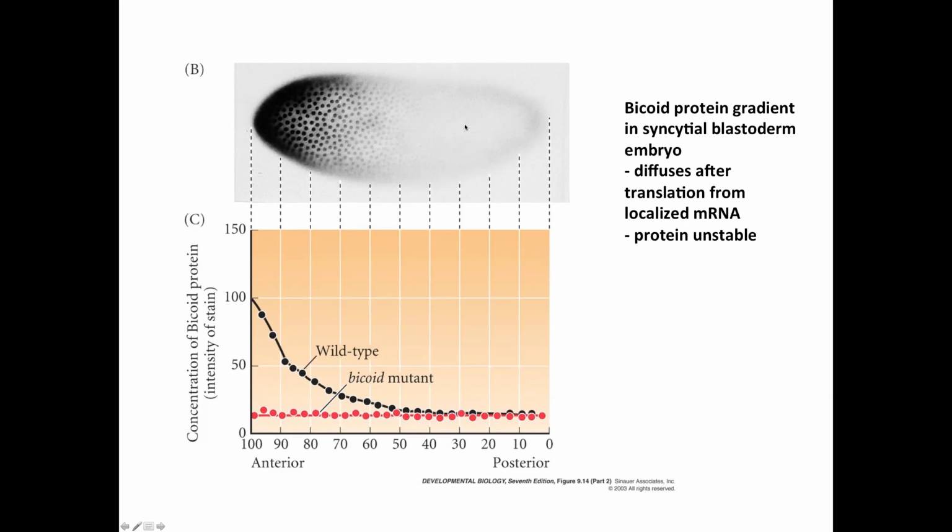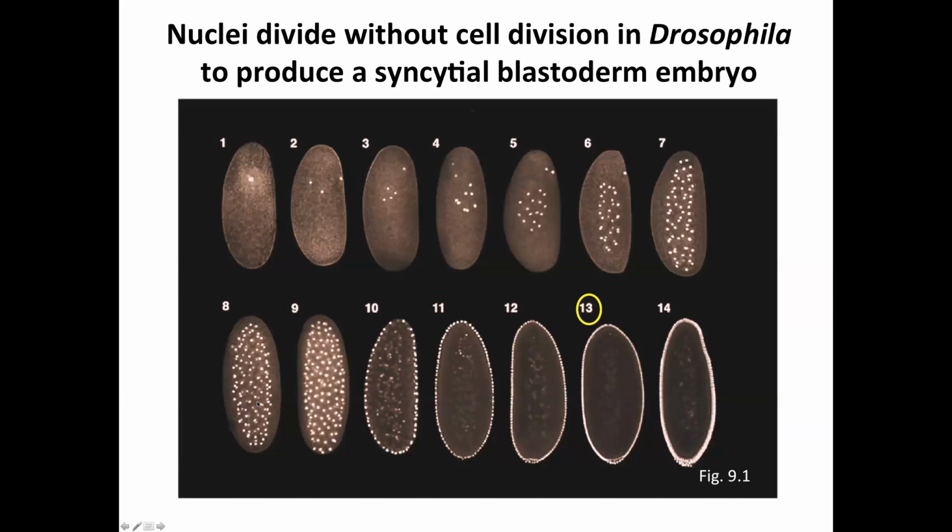So essentially, the mRNA is sensed through its translation into protein, and then how the protein diffuses. Remember, this is all a syncytial blastoderm at this point of time.